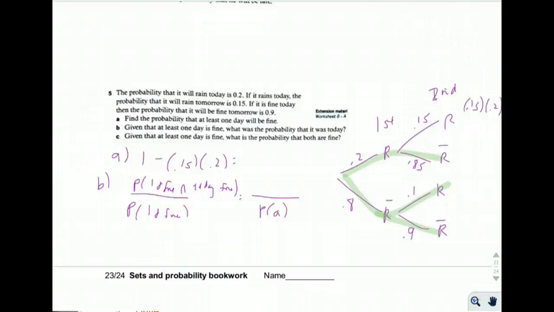So it would be this path, right? The probability that today was fine is 0.8, as you can see. Okay, so you can figure that out. Take the answer from A and put it down here.